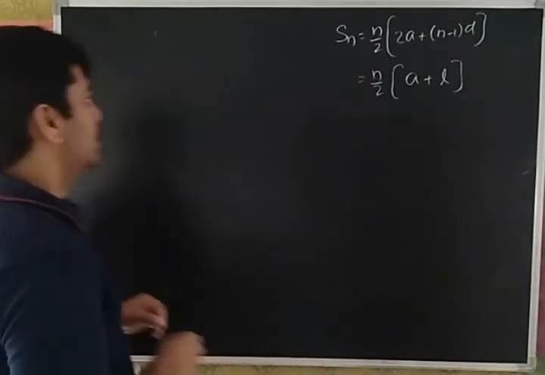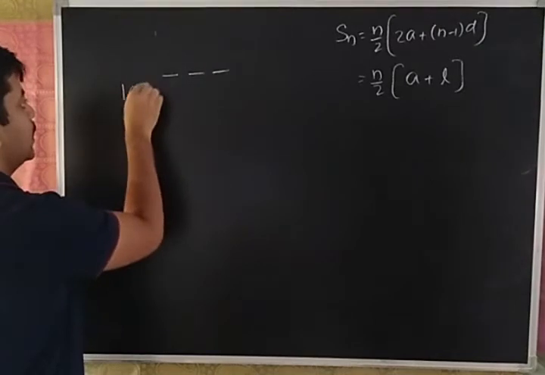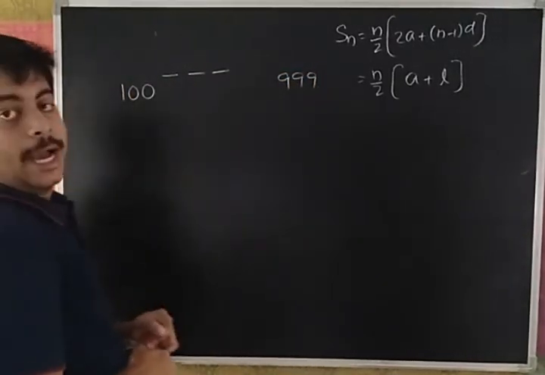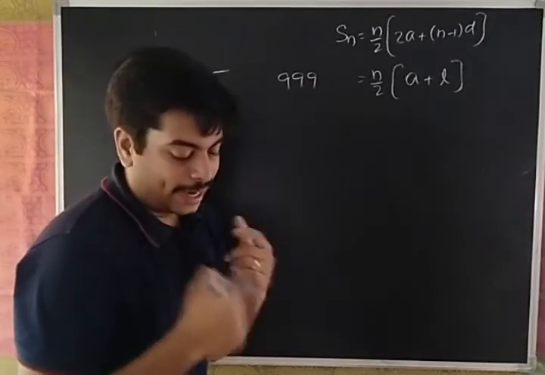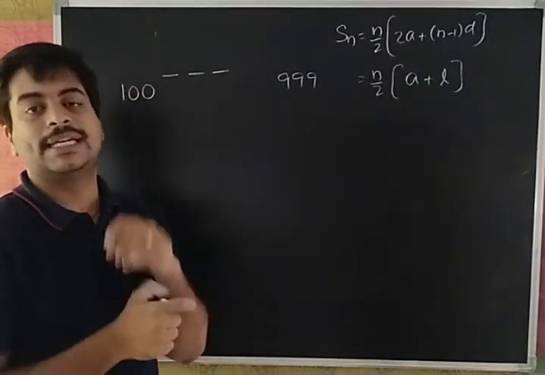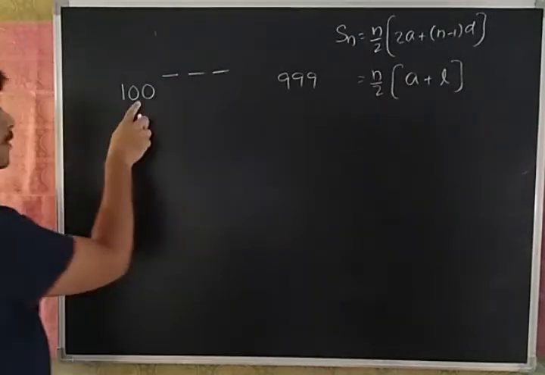See here. 3-digit numbers means they start with 100 and end with 999. But the question says to find the sum of all 3-digit natural numbers divisible by 7. So, is 100 divisible by 7?